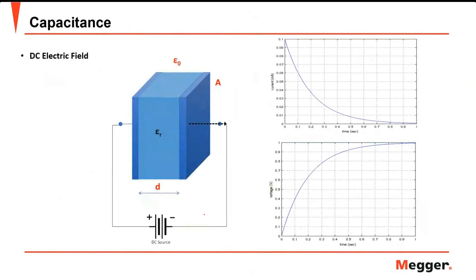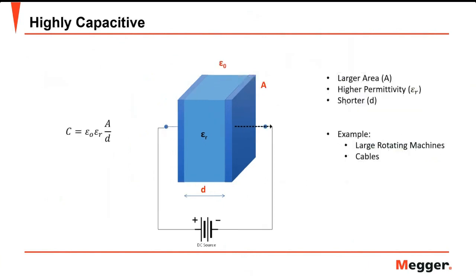And when you inject DC, because we are doing the insulation test at DC, you will see here that as the voltage increases, the current goes down. That is normal. That is what is happening when you do the DC voltage injection.